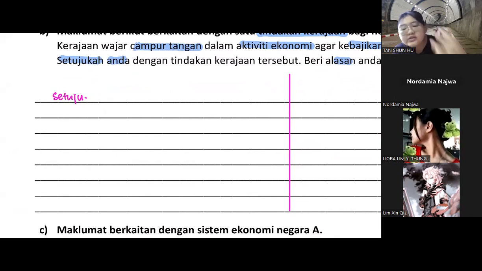You see, when government campur tangan, what do they do? They mengeluarkan what? In chapter 5, Form 5, 1.1, we learn peranan kerajaan. Kerajaan acts as what? As a pengeluar, right? Kerajaan peranan sebagai pengeluar. So they come out with barang awam, they come out with barang sosial.